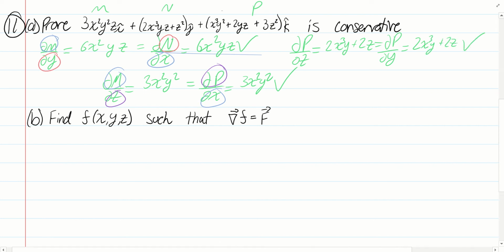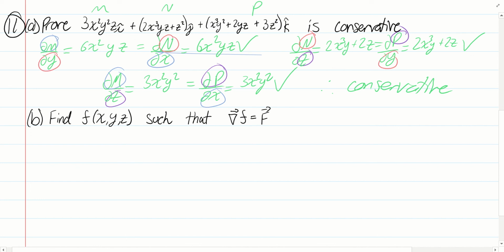And again, just to show it, y goes with, that should not be a p, that should be an n. That's my bad. So it should be y with n, and then p with z. All right. So all three of them are check marks, so therefore conservative.